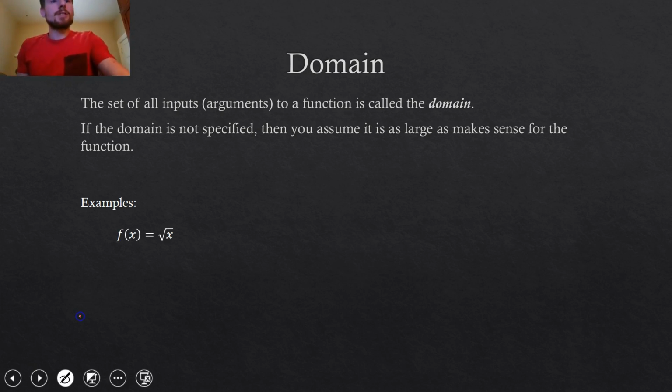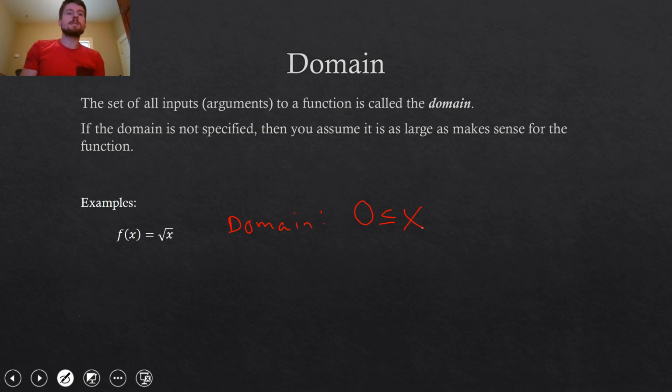So let's have the function that's the square root of x, okay? So this says take the square root of your input. And if you think about taking square roots, you're not allowed to take the square root of negative 1 or negative numbers, right? And so in this case, your domain is going to be everything that's 0 or larger.